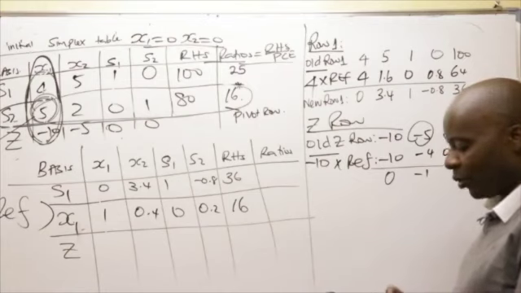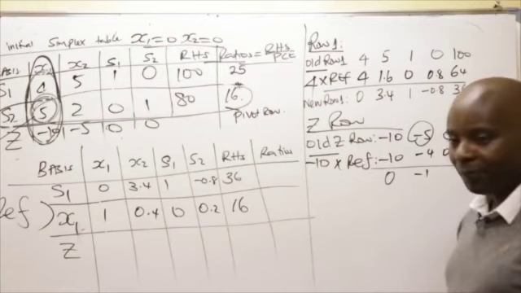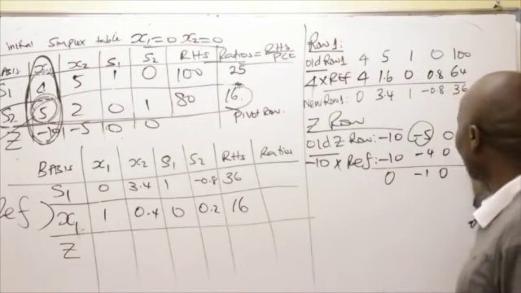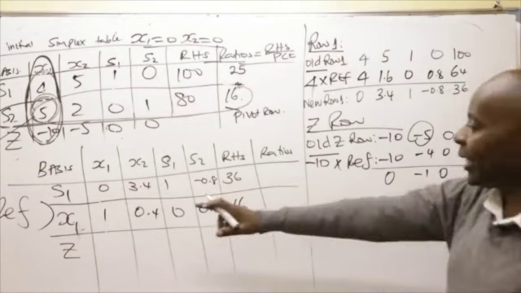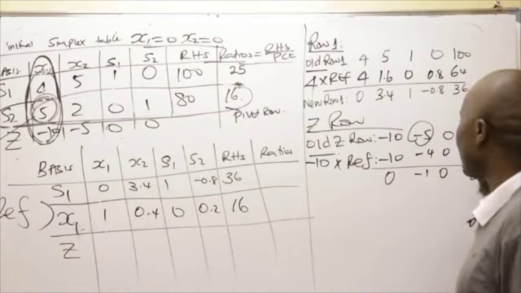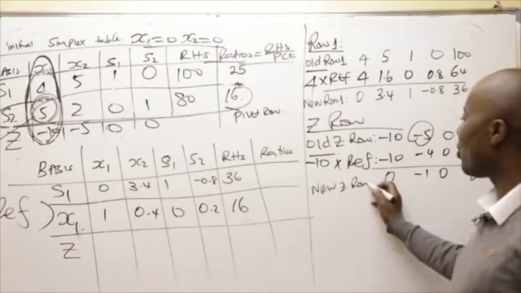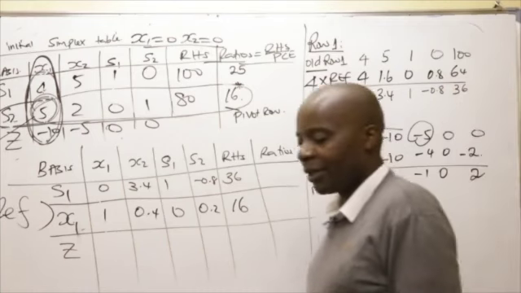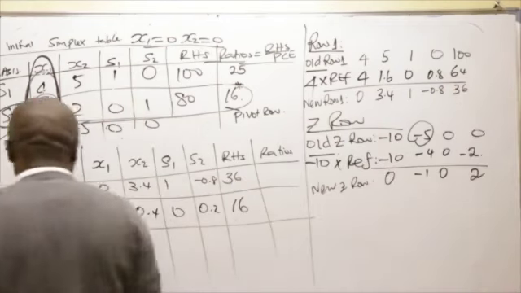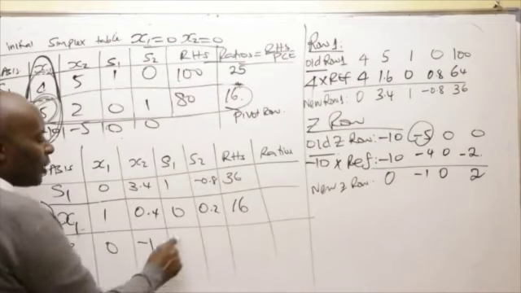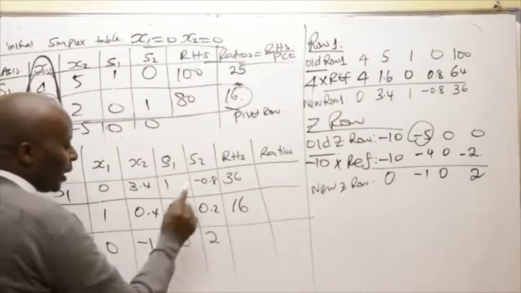And then this is 0. Sorry, this is supposed to be minus 2, because of minus 10 times this. So when you take 0 minus 2, that gives us 2. So this is the new Z row. What do I have here, somebody? I have 0, minus 1, 0, and then 2 like that.